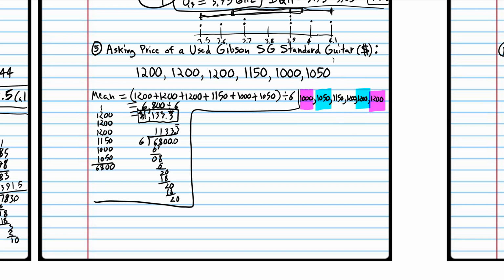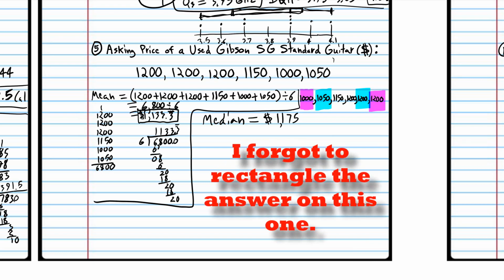So you just have to find the mean of these two middle numbers. I'm going to go ahead and do that in my head. So add those numbers up, divide by 2, and you should get $11.75. Then we're going to have to move that over and put dollars. $11.75 or 1,175. So if you got 1,175, good job.